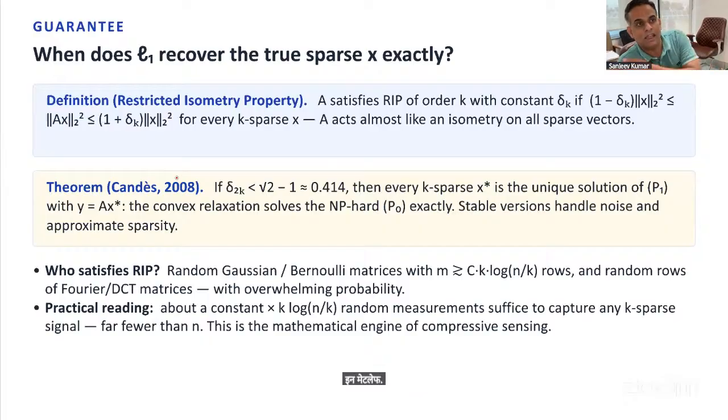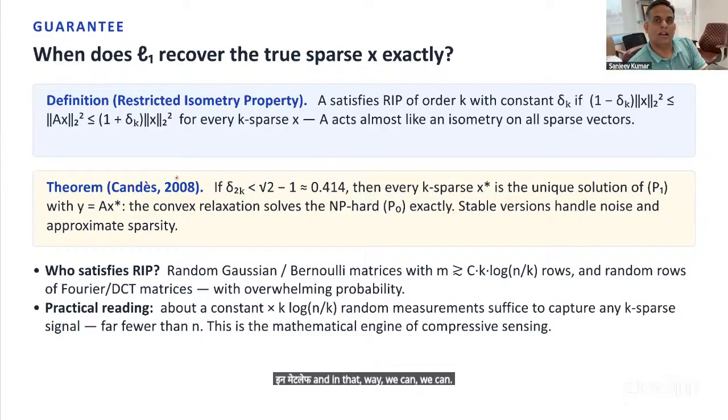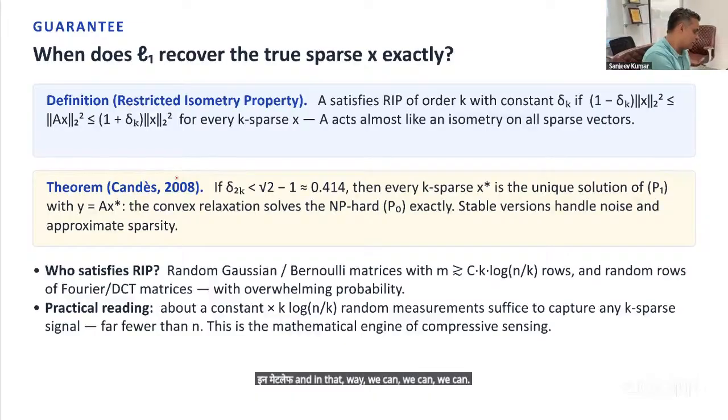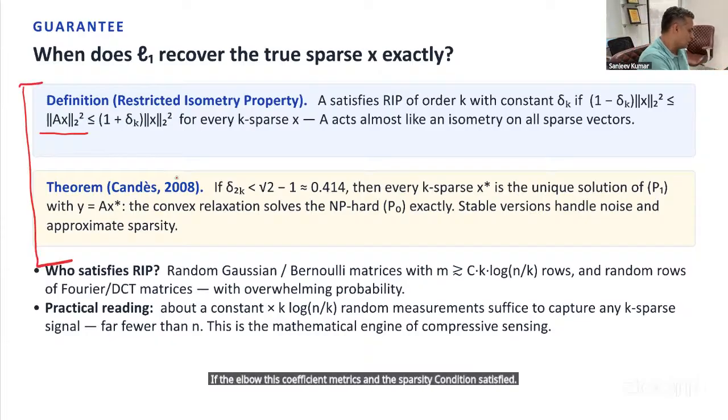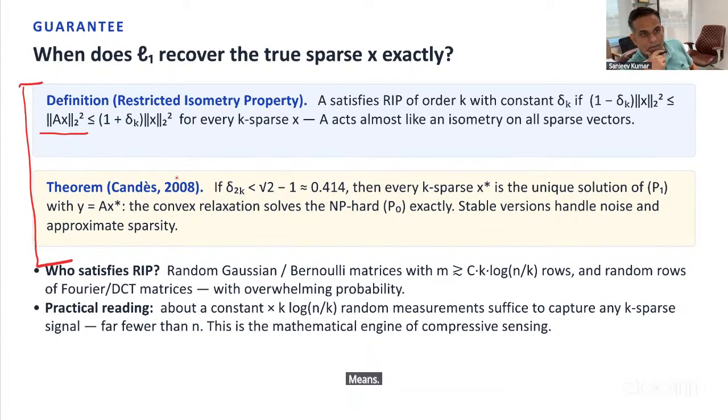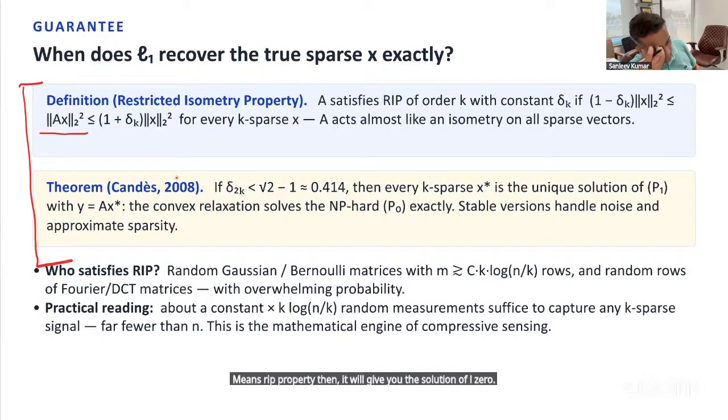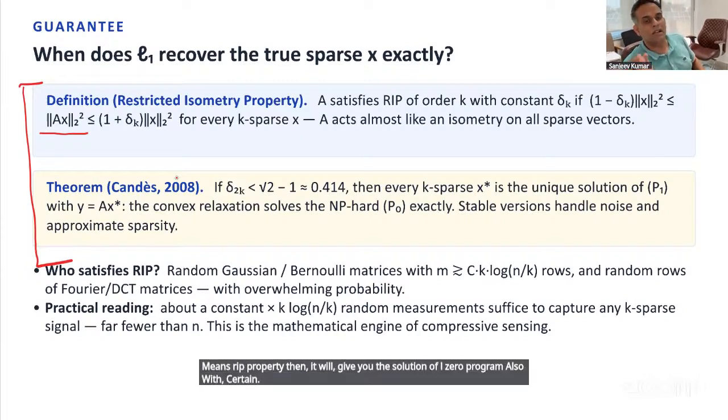If the coefficient matrix A and the sparsity condition satisfy these two results, meaning the RIP property, then it will give you the solution of the L0 problem also, with certain admissible sparsity. So I am not going into this theory.